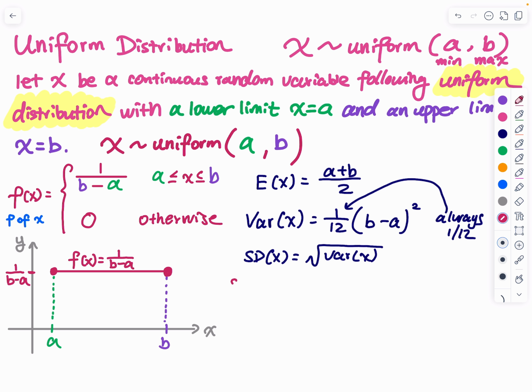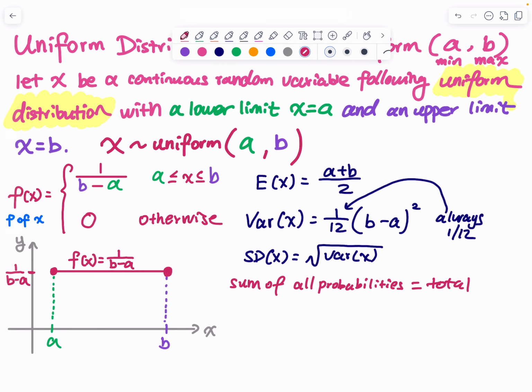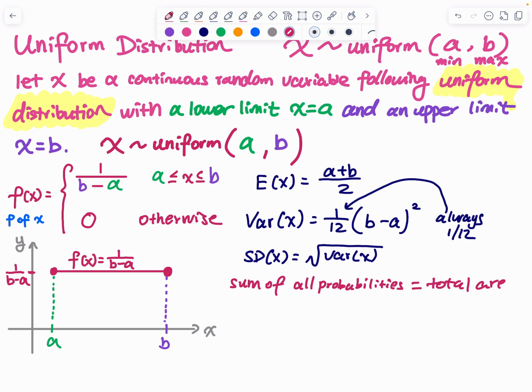For this graph, the sum of all probabilities, which is the same thing as the total area. Okay, let me move this up. The total area is equal to 1. Can we verify that? What is the area of a rectangle? The area of a rectangle is length times width, or base times height.